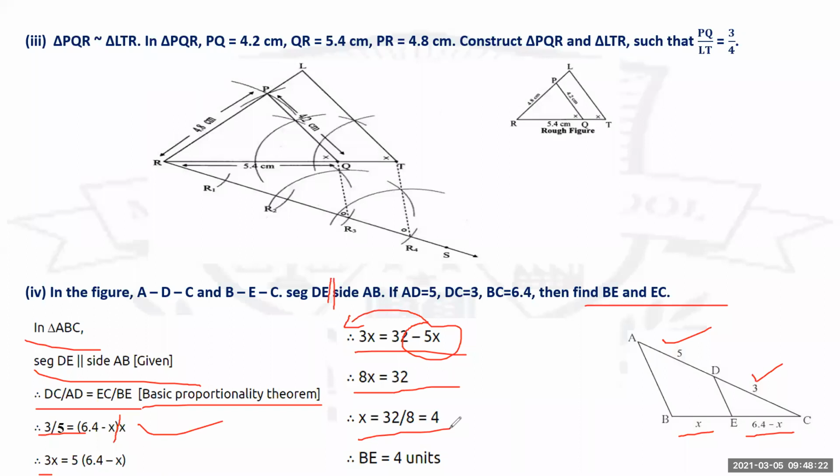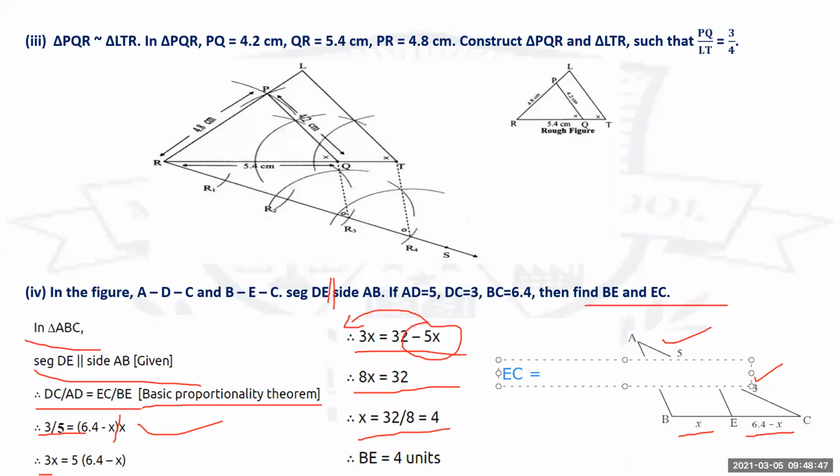So therefore BE equals 4 units. Can anybody help me find the value of EC? What would be the value of EC?